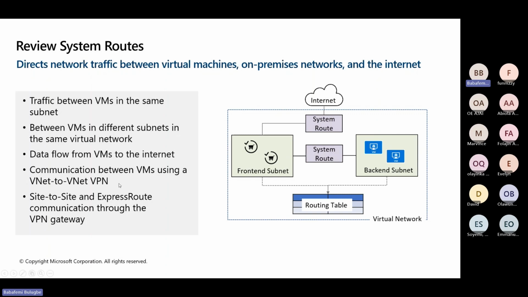And some other ones like VNet to VNet peering, you don't determine the next route. You don't determine how the traffic will be sent. It's determined by the system, and that's what you can see here.